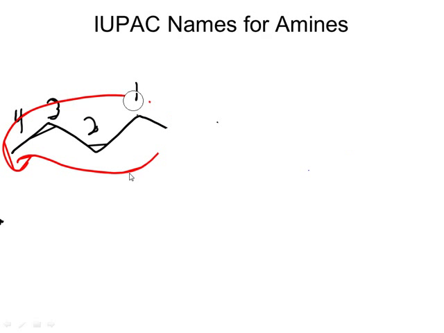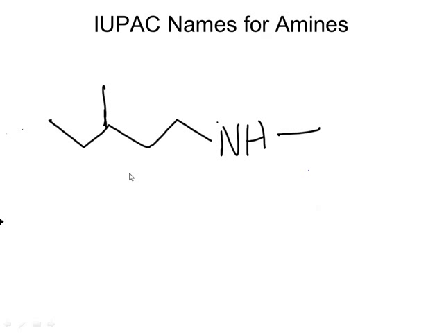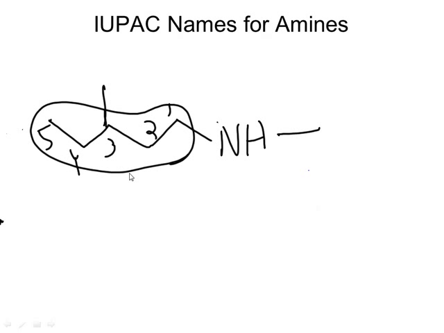A couple more examples here. So it's supposed to be a methyl group. So again, longest carbon chain, pretty clearly right here. 1, 2, 3, 4, 5. So we're going to call this 1-pentanamine.